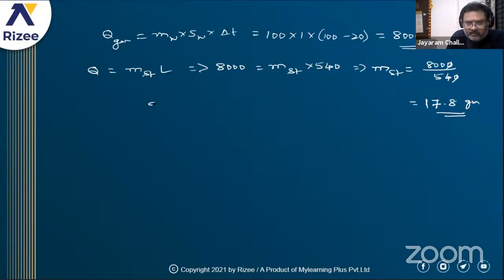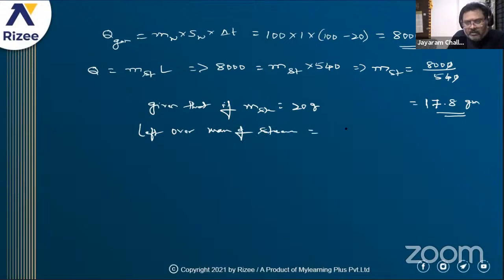Now, given that the mass of the steam is 20 grams, the leftover mass of steam is 20 minus 14.8. Sorry, this should not be 17, this should be approximately 14.